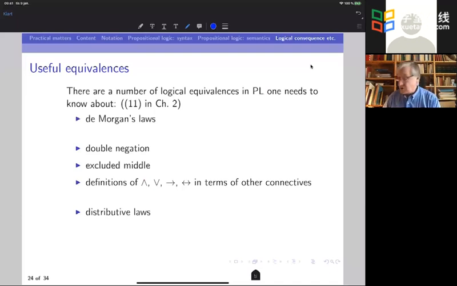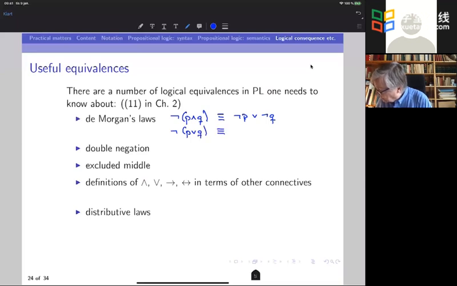De Morgan's laws, that's about how negation distributes over conjunction and disjunction. So let me write it with letters. Not (P and Q) is equivalent to not P or not Q. And similarly, not (P or Q) is equivalent to not P and not Q.